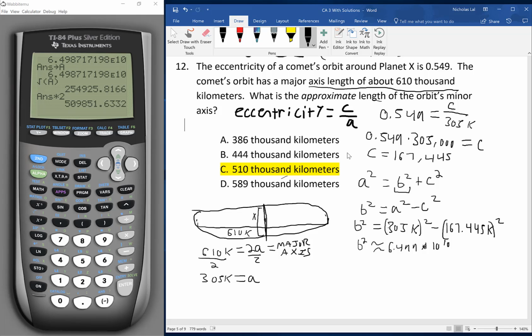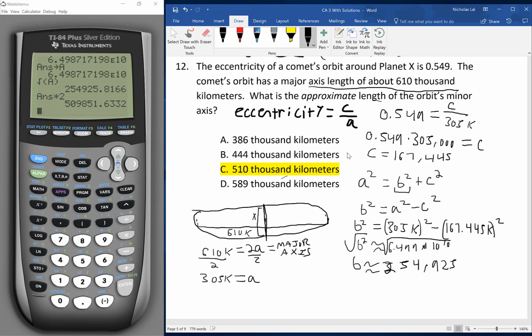Then I took the square root of each side, meaning that b is equal to about 254,925.